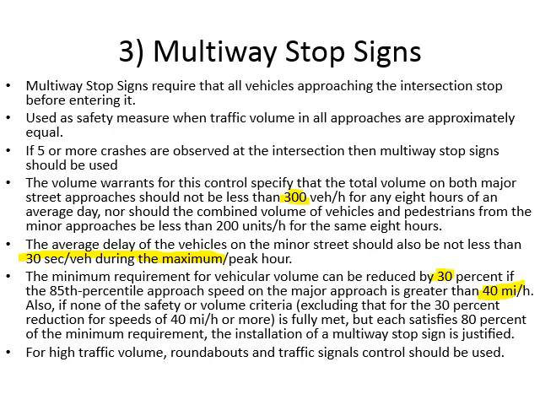And let's say if the safety or volume criteria is not met fully, so the values which you have set, 5 accidents and 300 vehicles per hour for the major street, 200 units per hour for the minor street, you do not meet them up to this point, but you meet 80% of all of them.